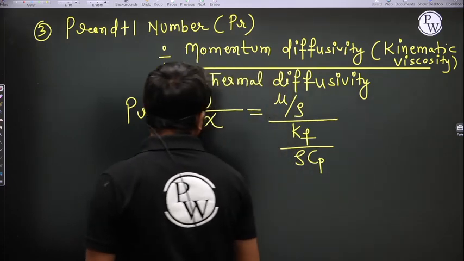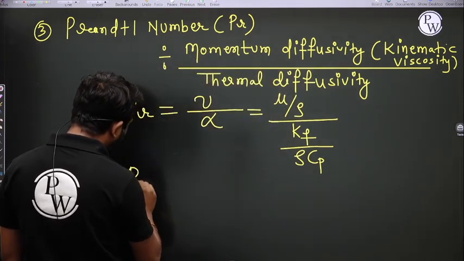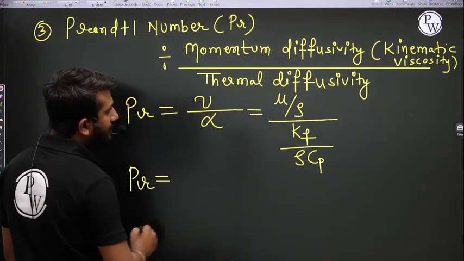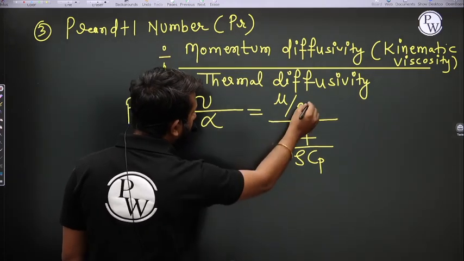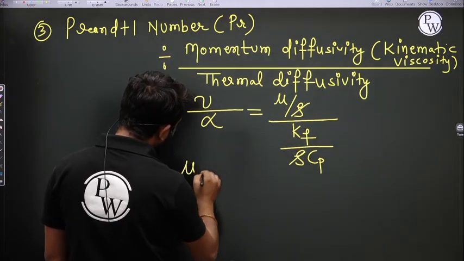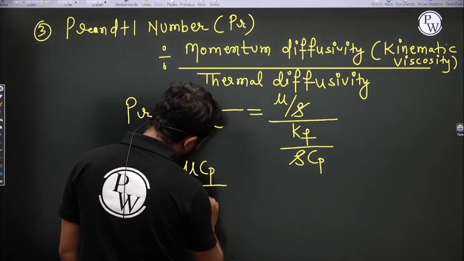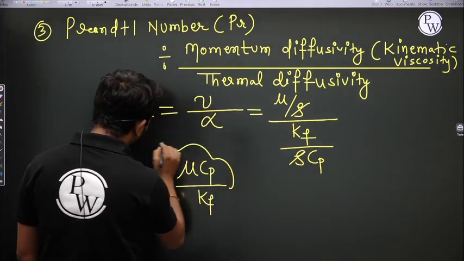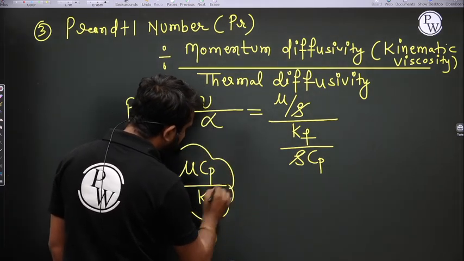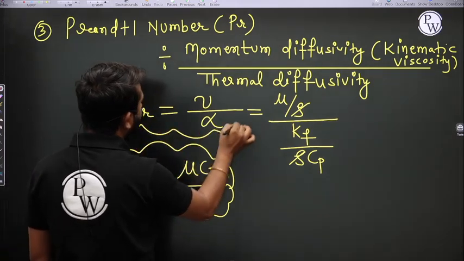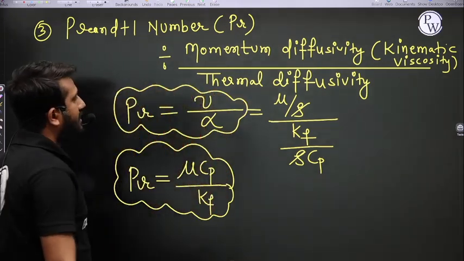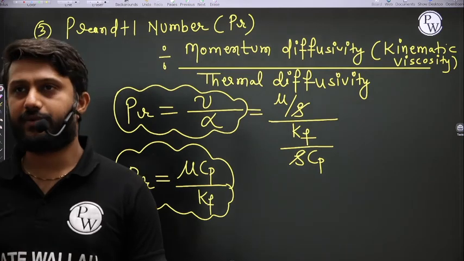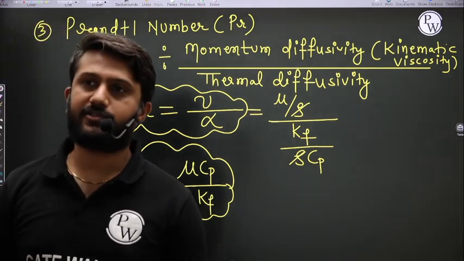So ultimately, 1 by rho cancels out, and the Prandtl number is mu Cp by Kf. Both are correct: Prandtl number is nu by alpha, or mu Cp by Kf.